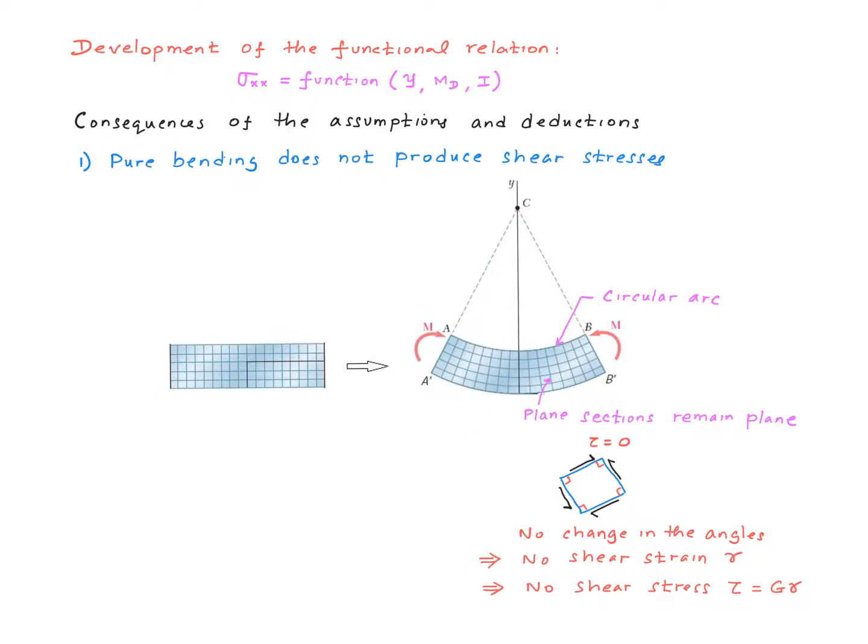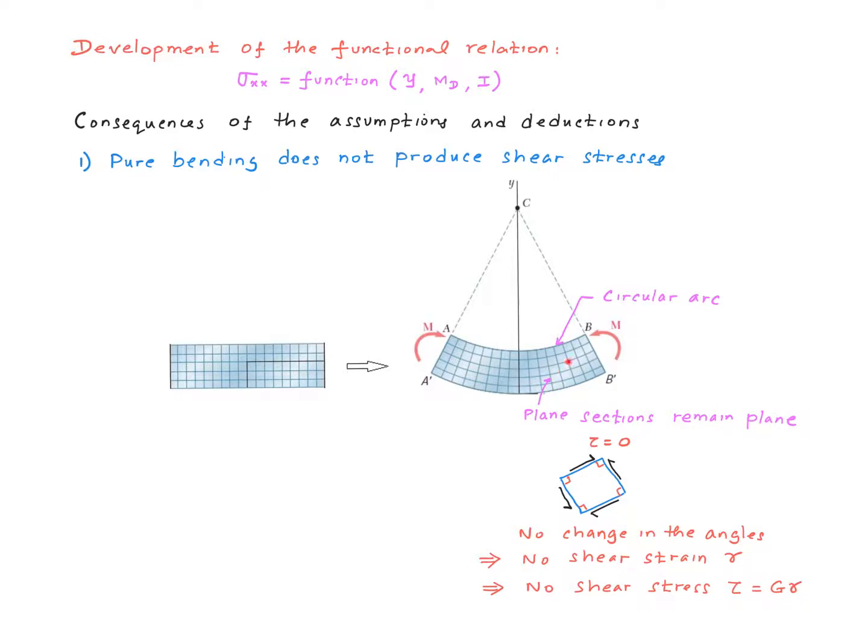This is how the beam is going to deform, and then the rectangular grid is going to deform as shown in this picture. So what is so special about this particular pattern of the deformation? In this rectangular grid before deformation, all these are little squares, right? So what happens is all these little squares deform into what we call curvilinear squares.